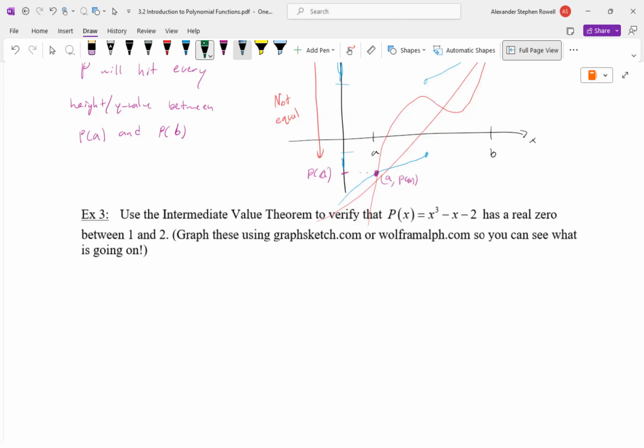Okay. The first thing we're going to do is look at the values x equals 1, x equals 2. Here's 1. Here's 2. I need to find the corresponding y values. What's P of 1 equal to? Very good. -2. So I could plot this point 1, -2 here.